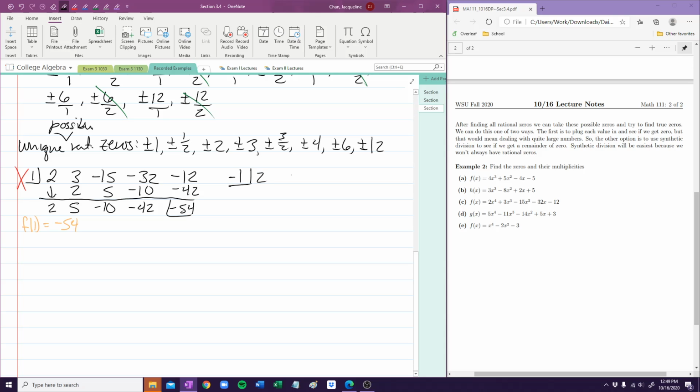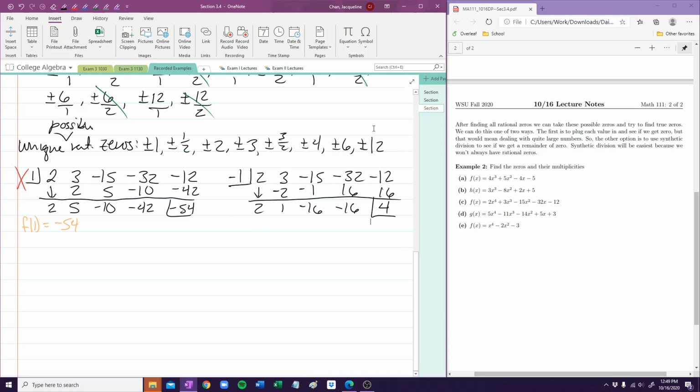So I have 2, 3, negative 15, negative 32, negative 12. Repeat the process. This is what you get with negative 1: 4.